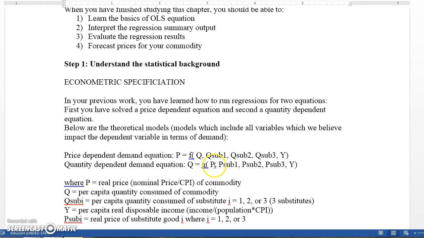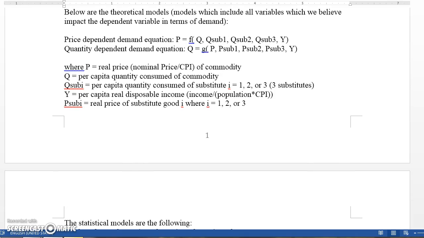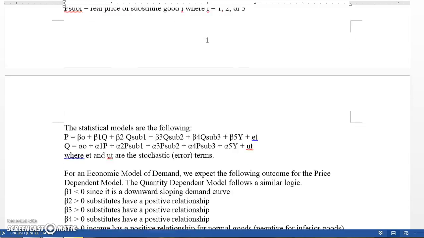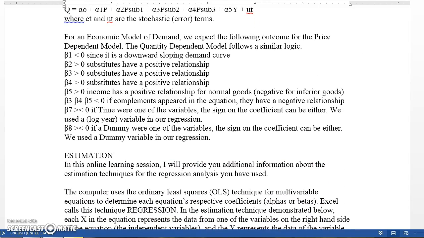The first one is the real price of the major commodity, then the real price of your first close substitute commodity, the real price of your second substitutable commodity, the real price of your third substitutable commodity, and the per capita real income. So you have learned how to run this regression using Excel. I've also provided you several videos to show you the steps to run the equation.